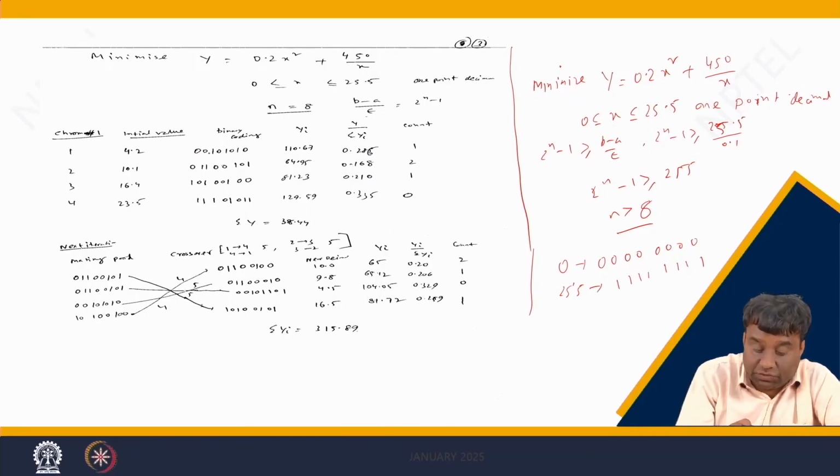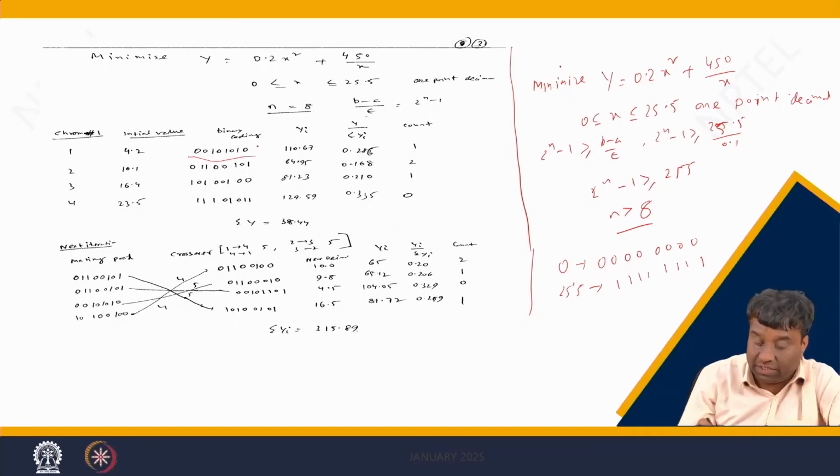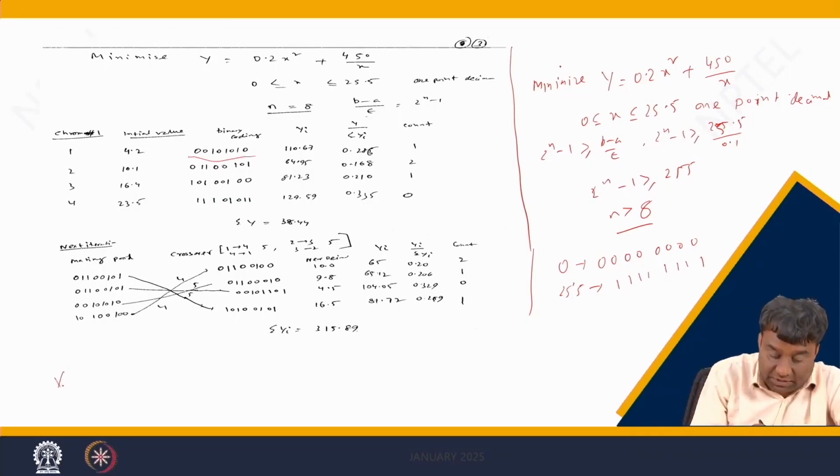That is 0 0 1 0 1 0 1 0. Next is 0 1 1 0 0 1 1 0 1. Next is 1 0 1 0 0 1 0 0, and this is 1 1 1 0 1 0 1 1.